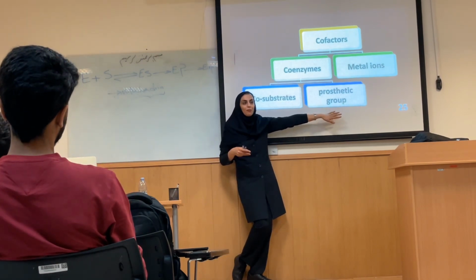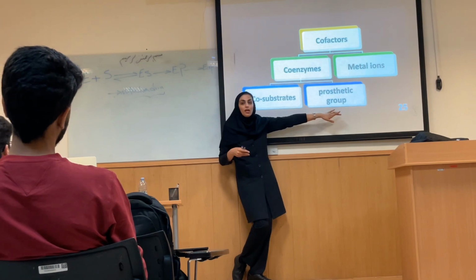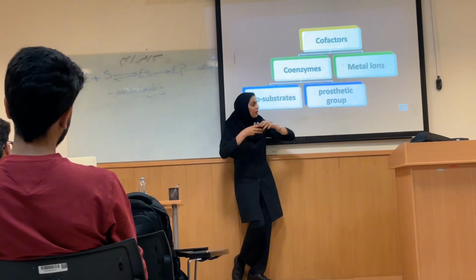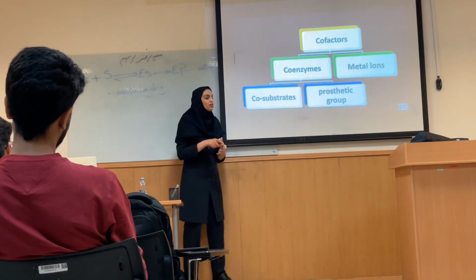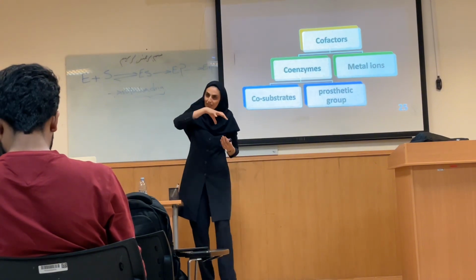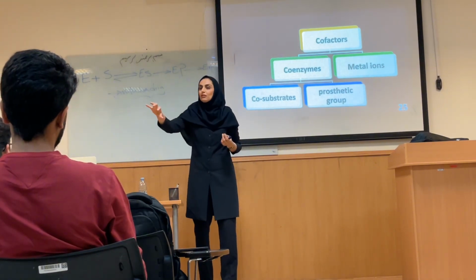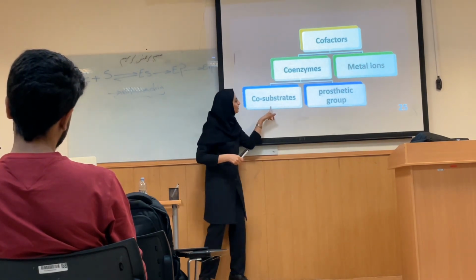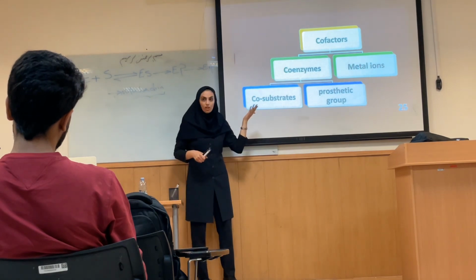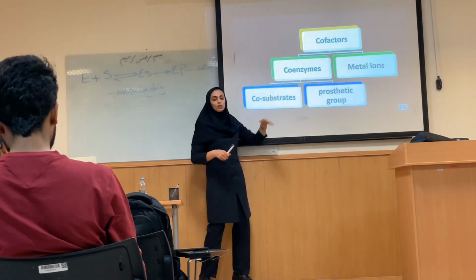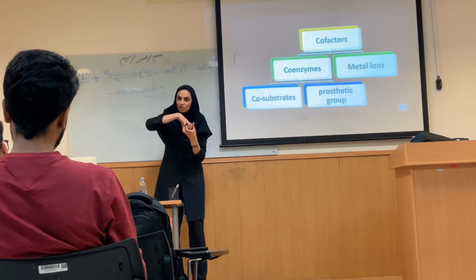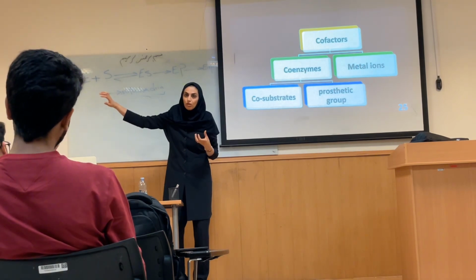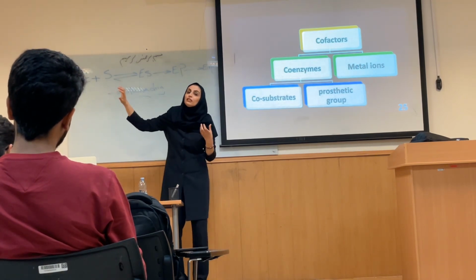What was the example of a prosthetic group? Heme. Heme in hemoglobin was exactly a prosthetic group, heme with iron. But a co-substrate is a situation where the molecule attaches to the enzyme just for working, and after that dissociates. A co-substrate is an organic molecule that comes to the enzyme structure just for the working of the enzyme and after that dissociates from it.